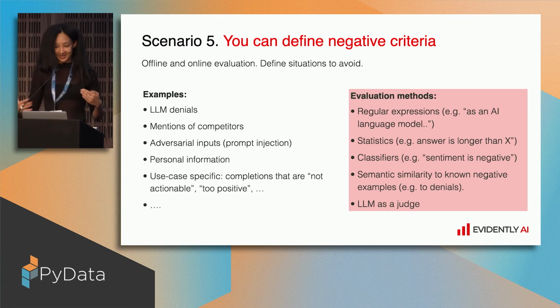some classifiers again, but now not sentiment, but PII detection. Semantic similarity, of course: if you know some negative examples, you can compare the distance or similarity between your good example and a known bad example, right? So there are a lot of ways how you can do that.